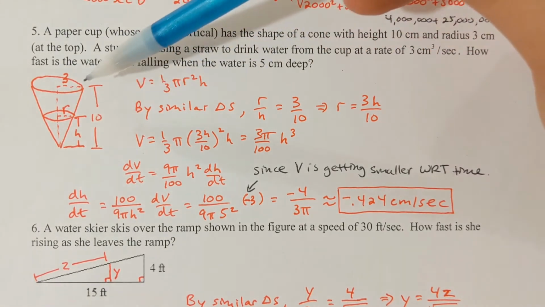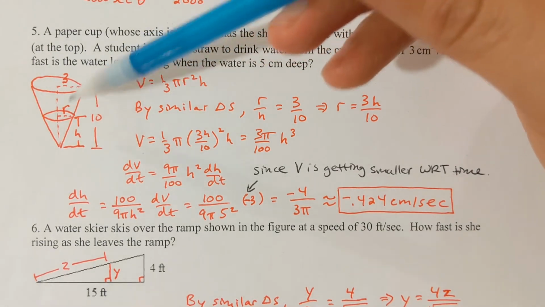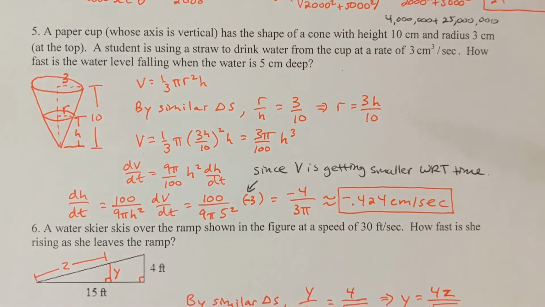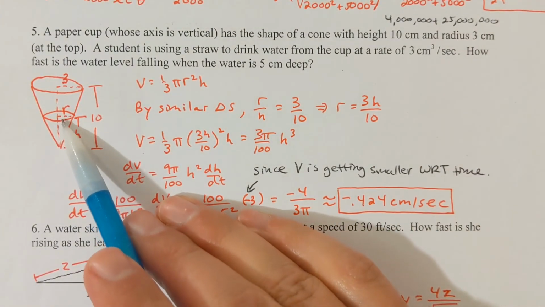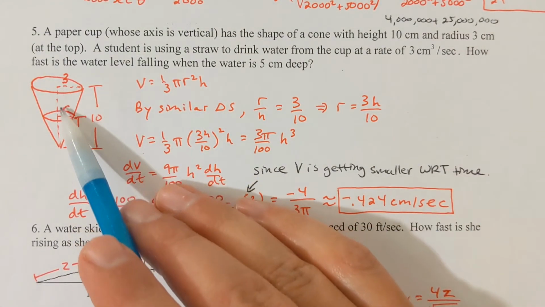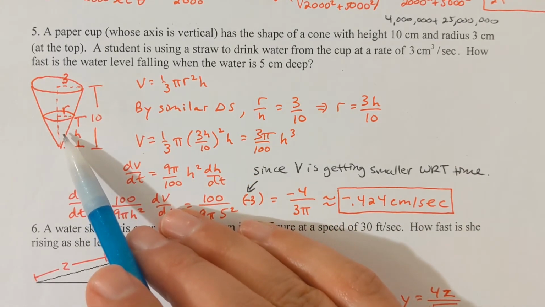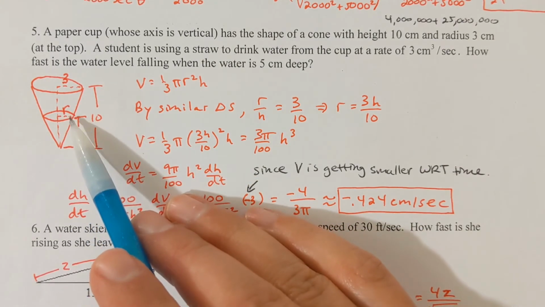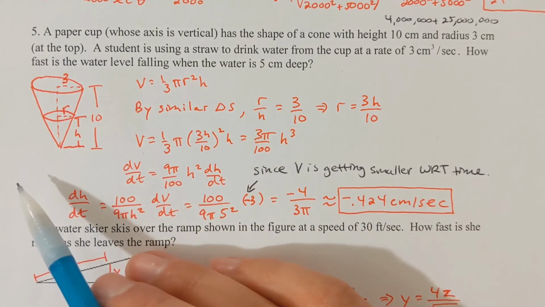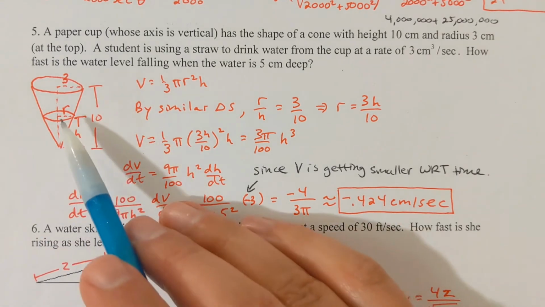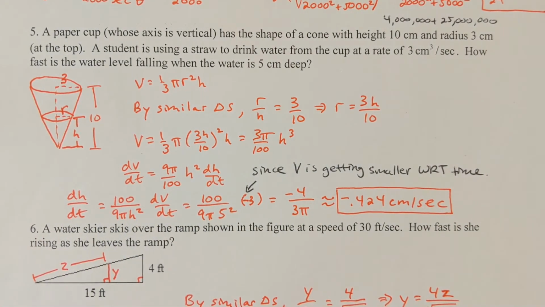Well, in this picture, I have similar triangles. I have a right triangle within a bigger right triangle. Here's a right triangle, right? And here's my bigger right triangle. Now, both of these triangles share a common angle at the tip. Well, that's going to mean that the third angle, whatever it is, is going to be the same in these two triangles. So these triangles here are similar triangles. Now, whenever you have similar triangles, you have a proportion.